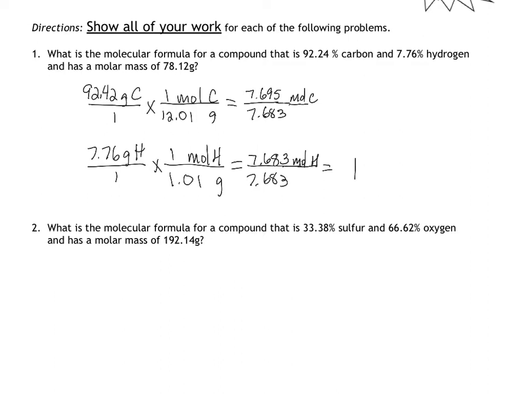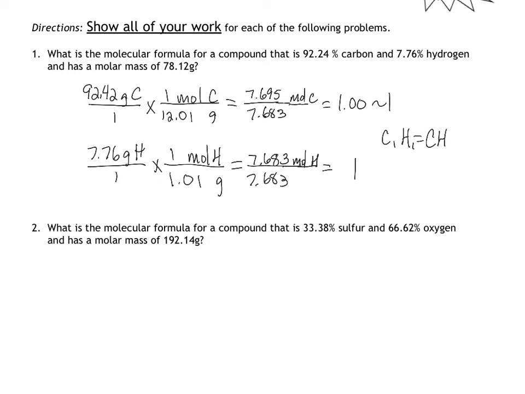When I divide the top one, 7.695 divided by 7.683, this equals 1.00 and then some more numbers, which is basically equal to 1. So I know my empirical formula is going to be C1H1, or you could just say CH.